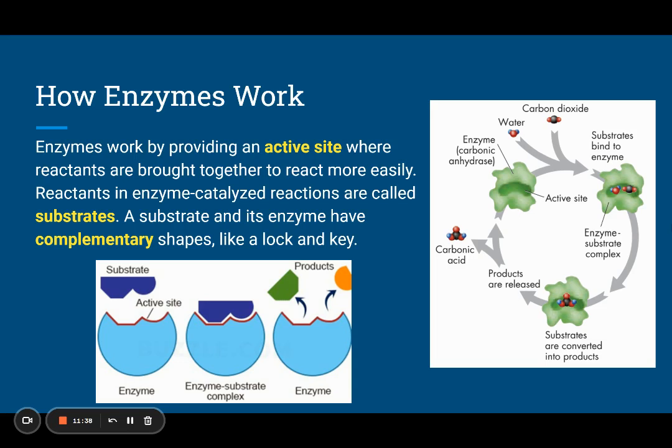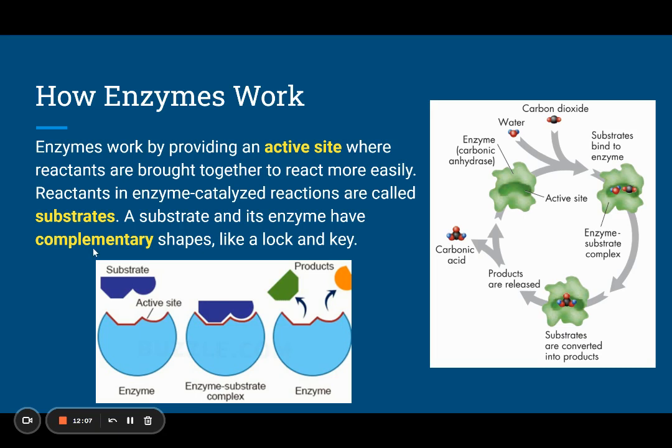We're going to bring together materials and build them in one place instead of trying to assemble these piece by piece, all of these different places. So the reactants in an enzyme catalyzed reaction have a special name. They're called substrates. And a substrate and its enzyme have complementary shapes like a lock and key.